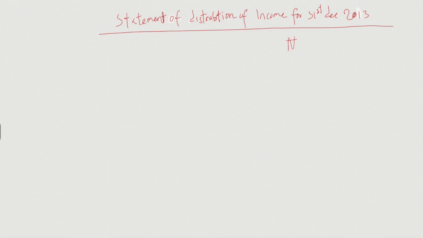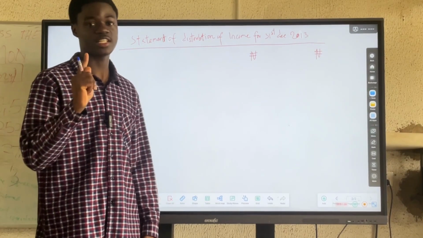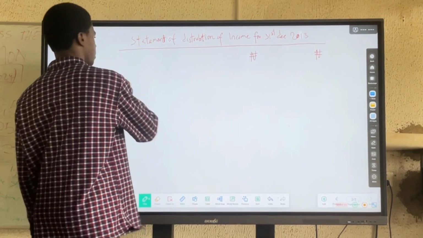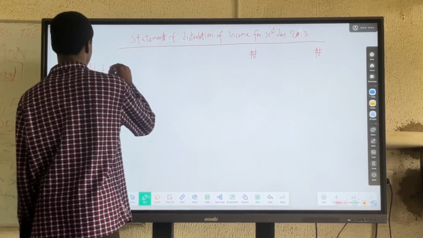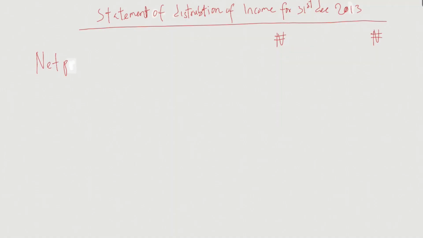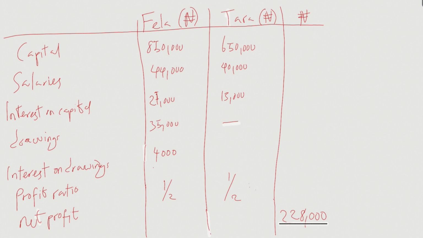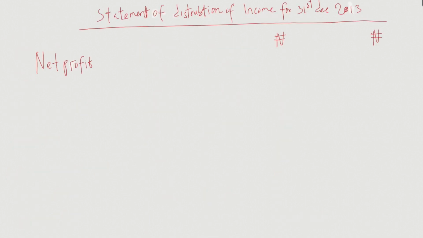When preparing the statement of distribution of income, the first thing you start with is the net profit. According to the question, our net profit was 228,000, so you write 228,000 here.